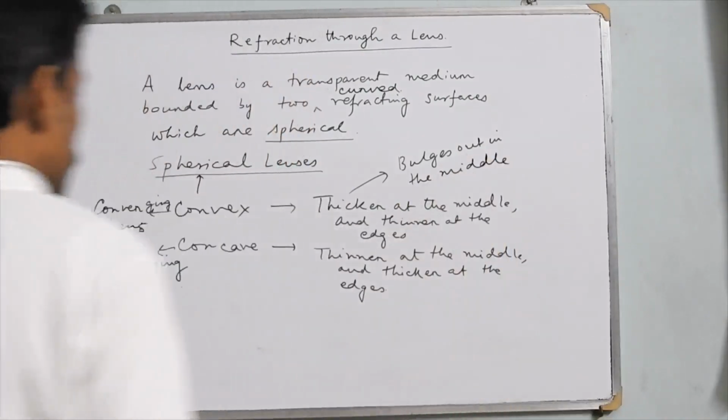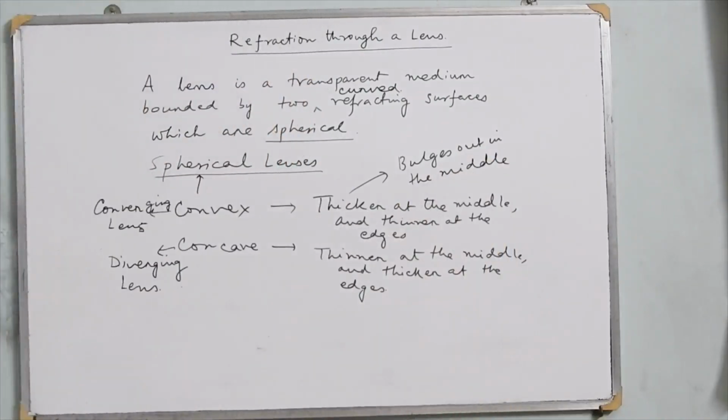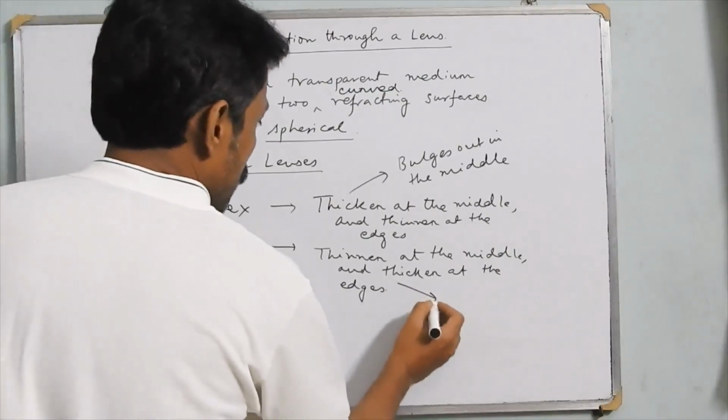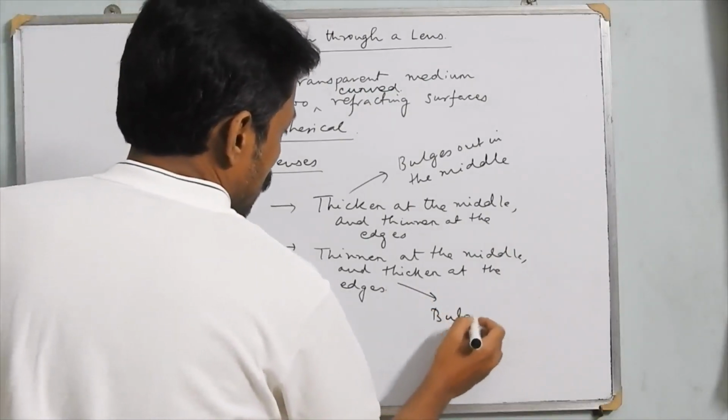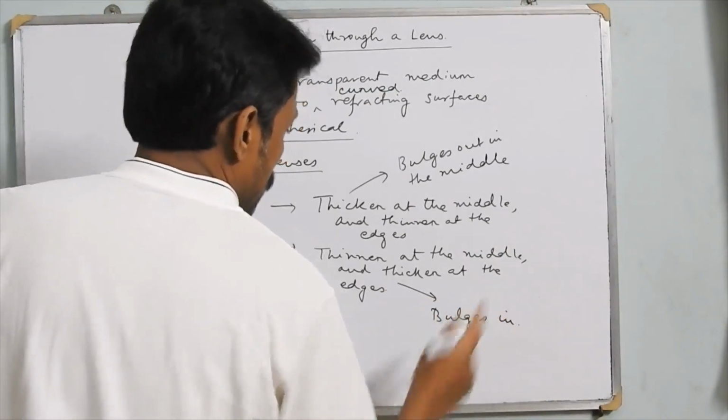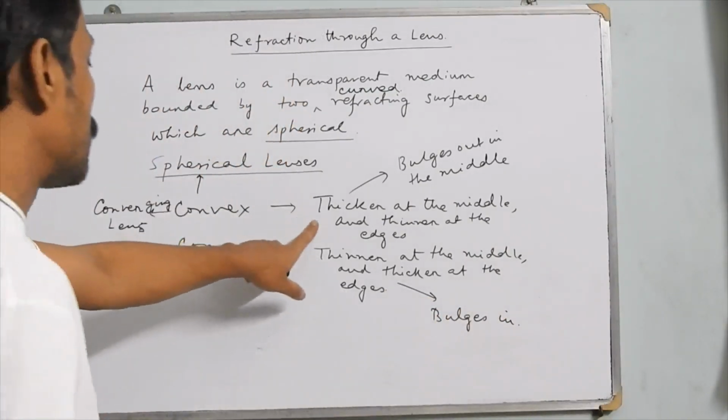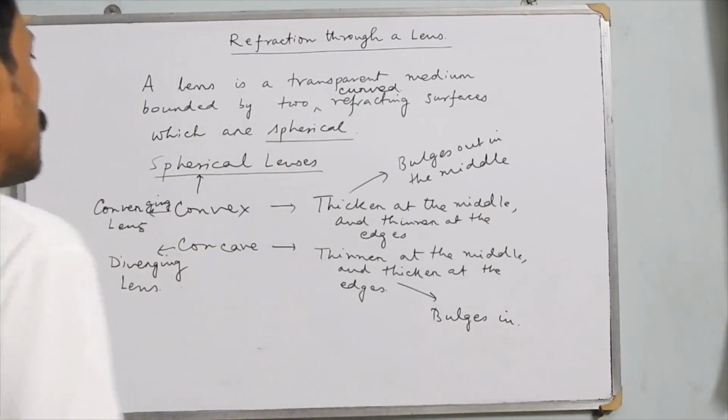Whereas the concave lens is thinner at the middle and thicker at the edges, it bulges in, you can say. Bulges outwards, convex lens; bulges inwards, that is the concave lens.